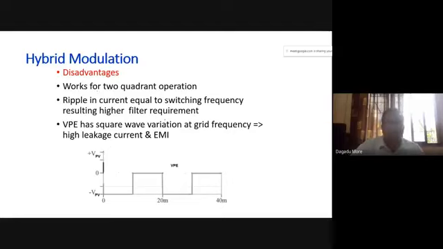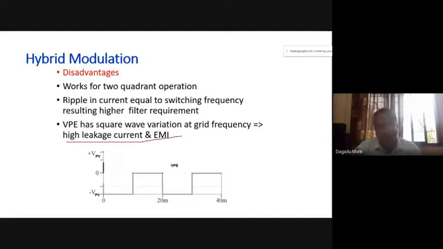Here we have seen that the voltage appearing across the capacitance between the panel and the ground is a square wave type waveform, and because of that we have high leakage current and EMI. For bipolar modulation we don't have a leakage current and EMI problem, but it has less efficiency.